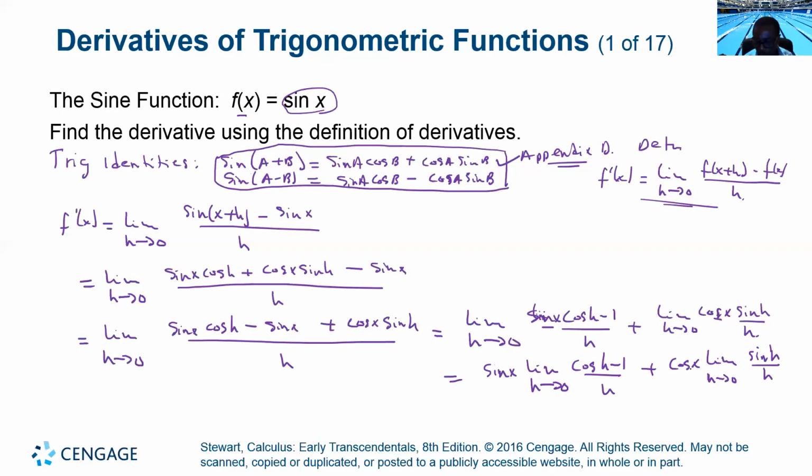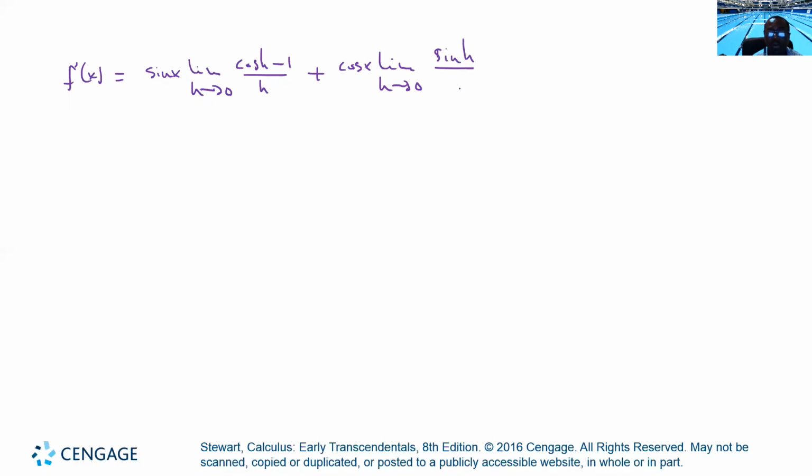Let's go to the next slide so that I get more space. Let's rewrite what we just wrote. We said that f prime of x is sine of x times the limit as h goes towards 0 of cosine h minus 1 over h, plus cosine x times the limit as h goes to 0 of sine h over h.